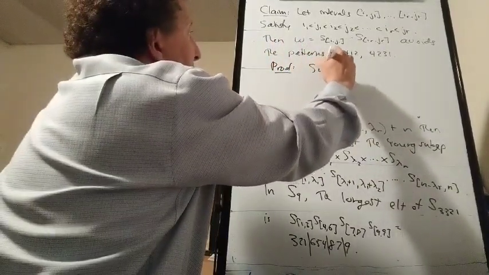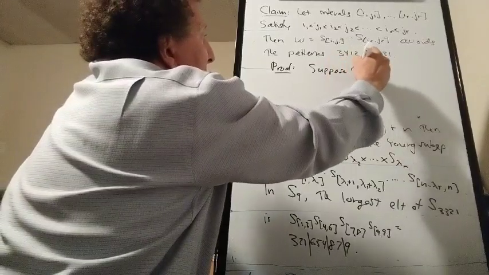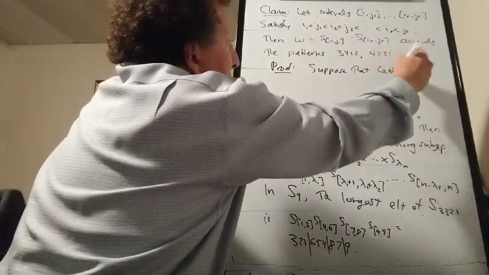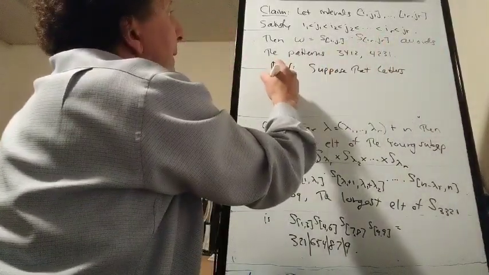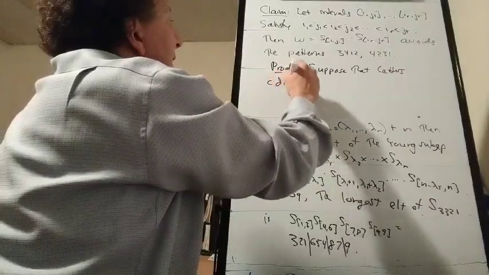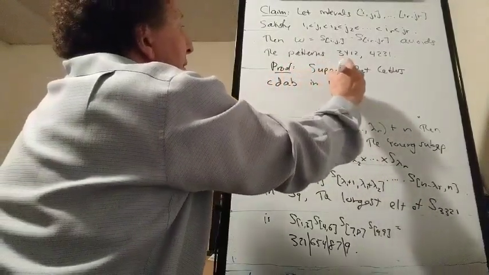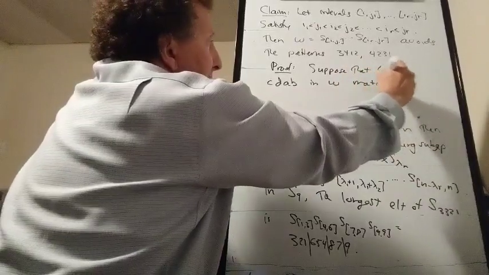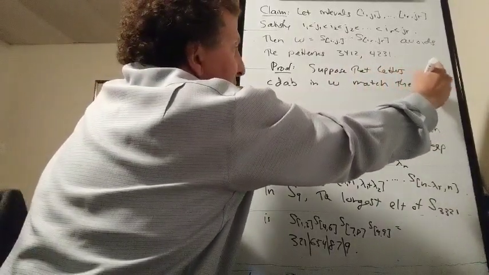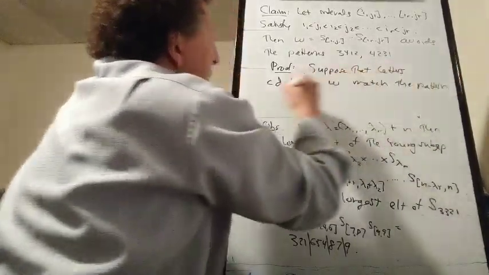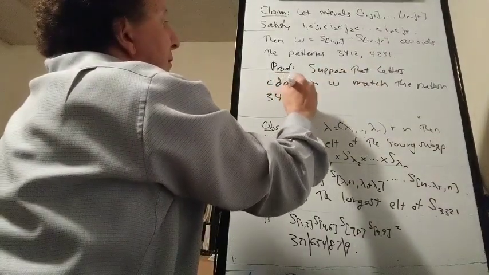So let's suppose that letters C, D, A, B in W match the pattern 3, 4, 1, 2.